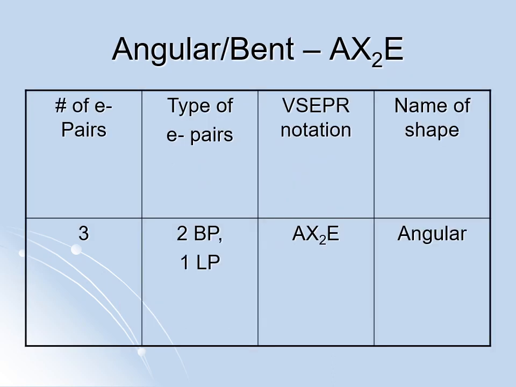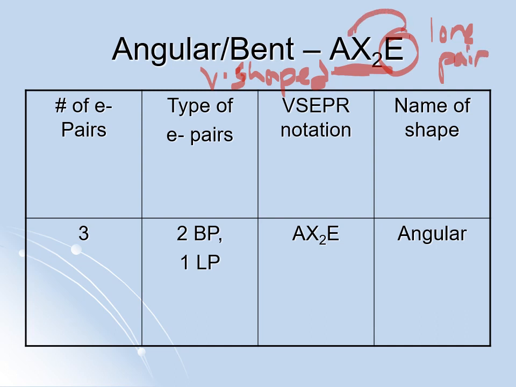All right, angular, bent, also sometimes called V-shaped. If you take our AX2 that we saw earlier, but now you add an E, and remember that means that you have a lone pair of electrons that is on the central atom.